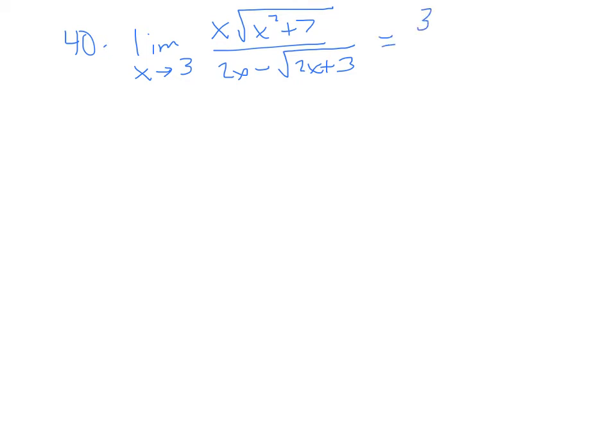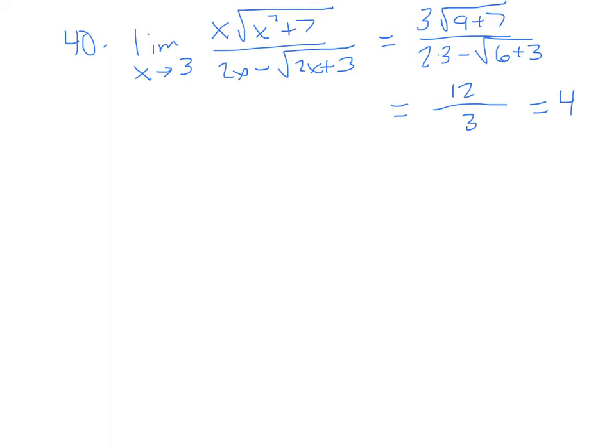So I get 3 times the square root of 9 plus 7 over 2 times 3 minus the square root of 6 plus 3. And some good things happen here. The square root of 16 is 4, so I have 3 times 4, which is 12 in the numerator. On the bottom, 2 times 3 is 6, and the square root of 9 is 3, so that's 6 minus 3, which is 3. 12 divided by 3 is 4.